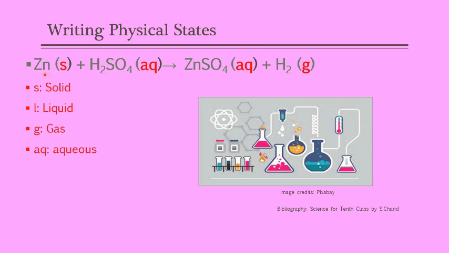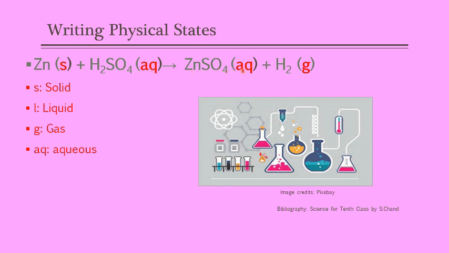Zinc metal reacts with dilute sulfuric acid to form zinc sulfate solution and hydrogen gas. Here, zinc metal is a solid, so we write the symbol S. Dilute sulfuric acid is an aqueous solution, we write AQ. Zinc sulfate is also an aqueous solution, we write AQ.